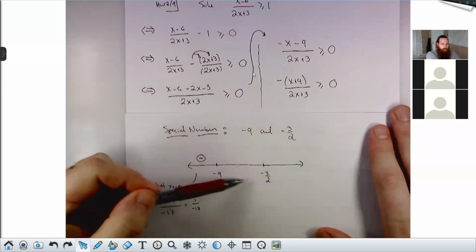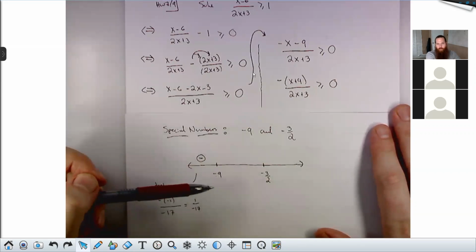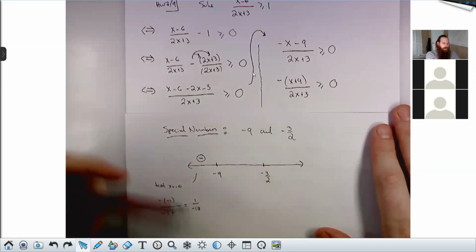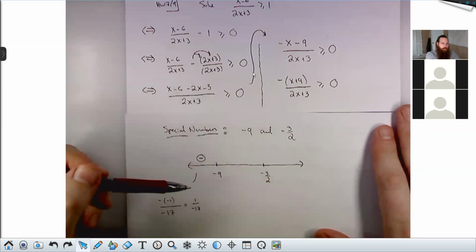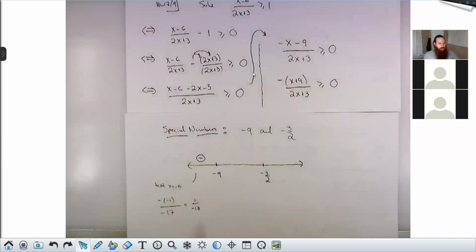Between -9 and -3/2, I could also test something like -2, or I can use the multiplicity trick. As I jump over -9, is this going to stay negative or is it going to become positive? Good, we're going to change sign. Why?